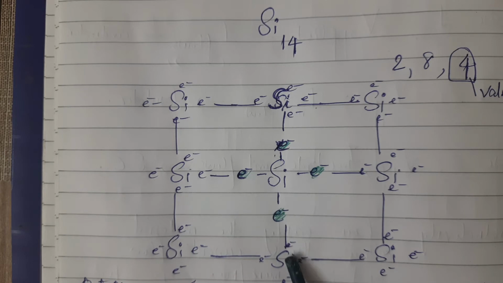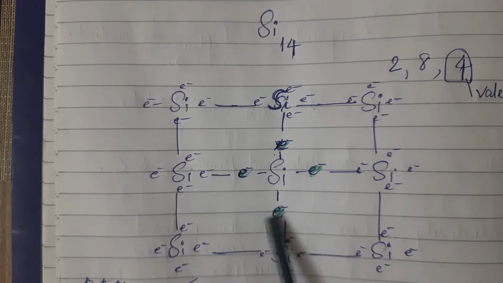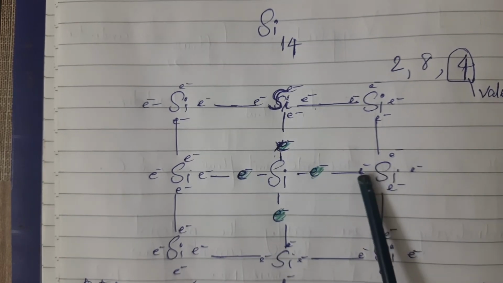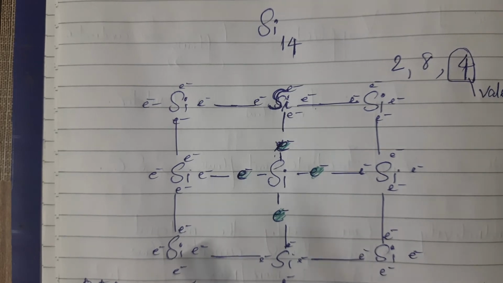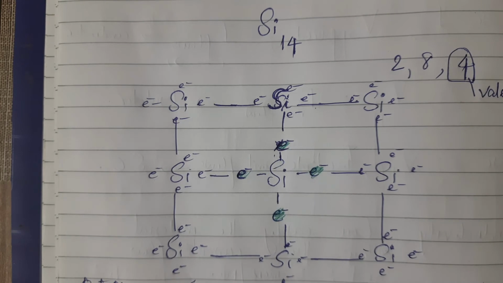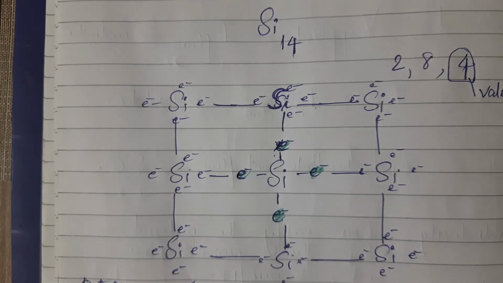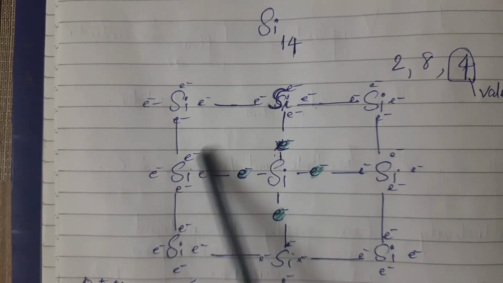This electron and the shared electron make 2 electrons here. Likewise this electron and the shared electron make it 2 here. So 2, 4, likewise here also, 2, 4, 6, 8, and that orbit will be totally filled. This is how it happens. This is the case of an intrinsic semiconductor.